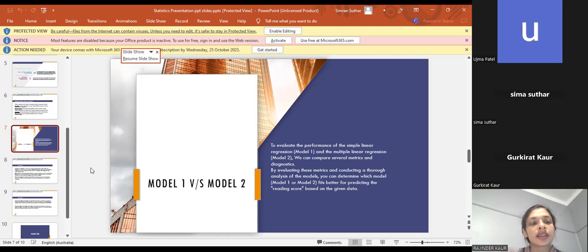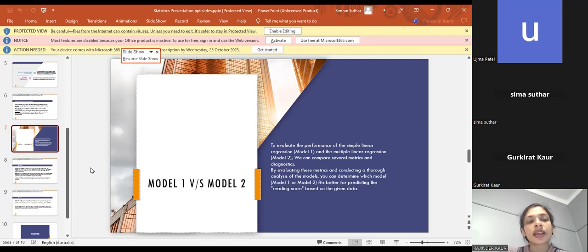Next is Model 2. To determine whether the independent variables make a significant contribution to the multiple linear regression Model 2, you can perform a hypothesis test using the coefficients of the independent variables and their associated p-values. Here's how you can proceed.